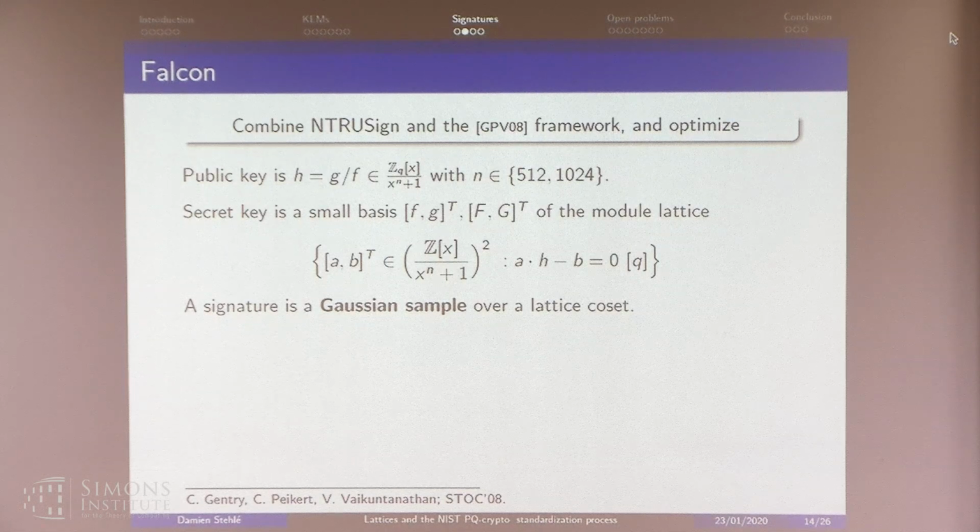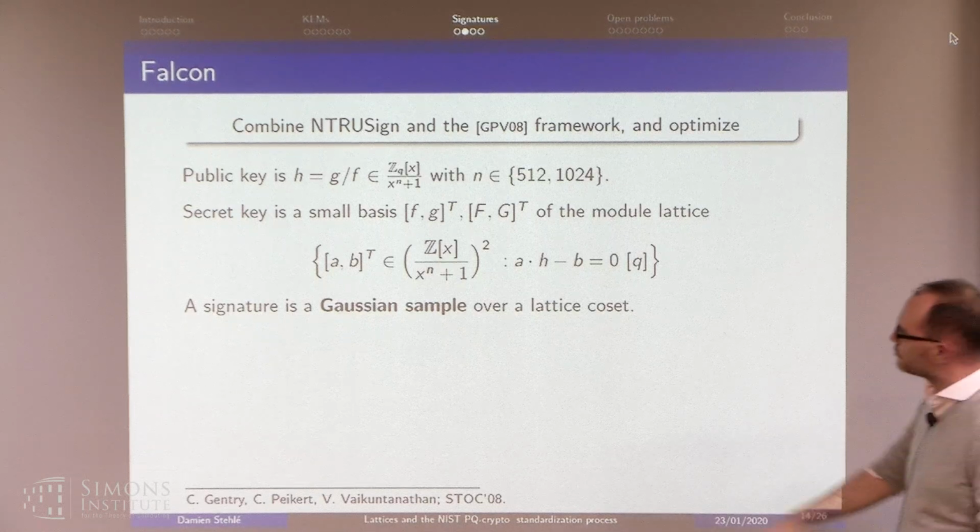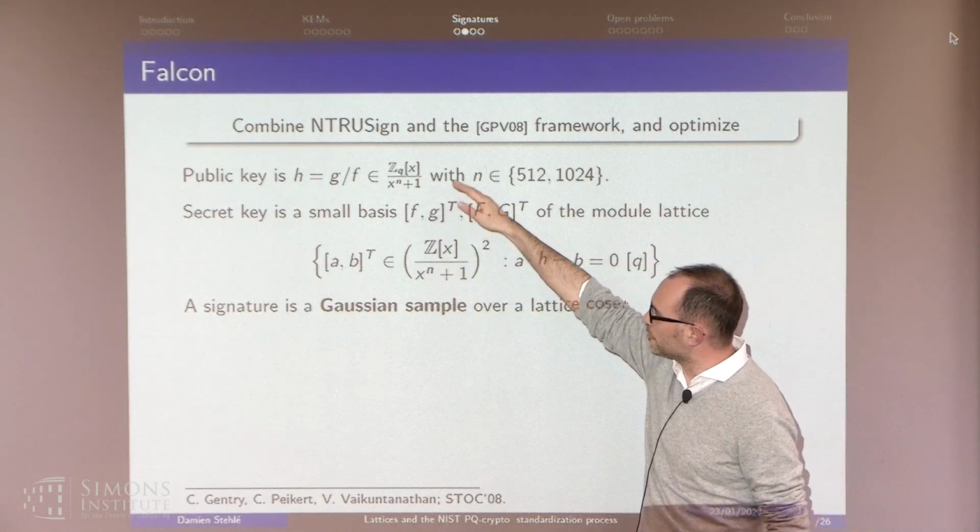The general idea is to combine NTRUSign with the GPV framework so that it doesn't leak information when you provide signatures. The public key is a quotient of two polynomials with small coefficients, mod q.